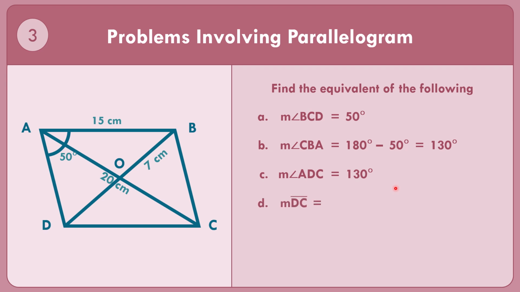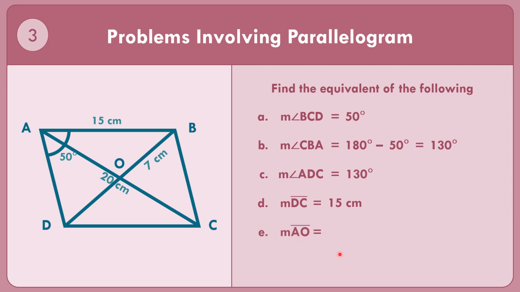How about letter D? The measurement of line segment DC. So it means line segment AB is congruent to line segment DC. If the measurement of line segment AB is 15 centimeters, then line segment DC is also equal to 15 centimeters.